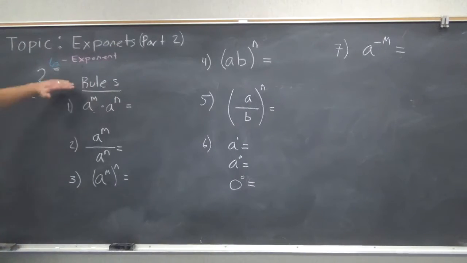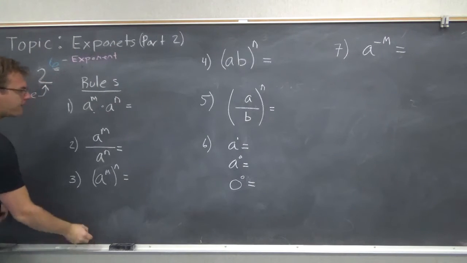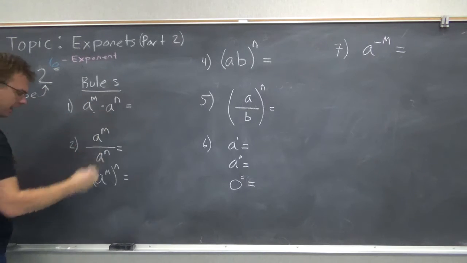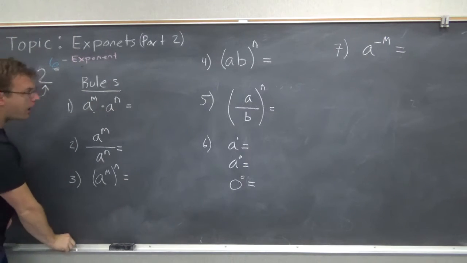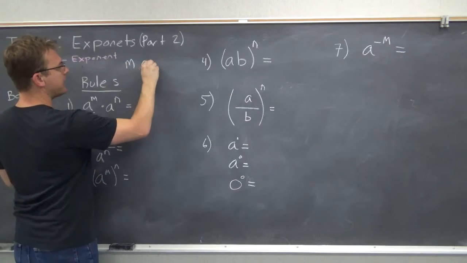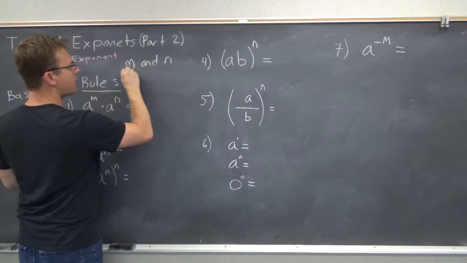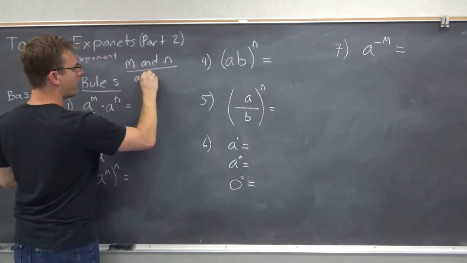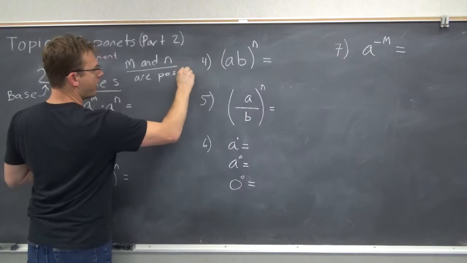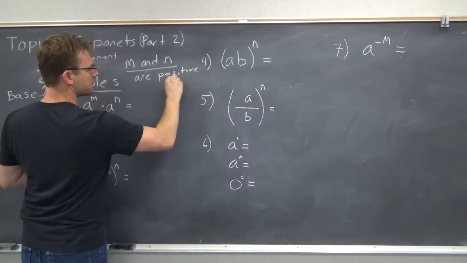Our first rule is that if I have a to the m times a to the n, by the way, m and n are positive numbers.